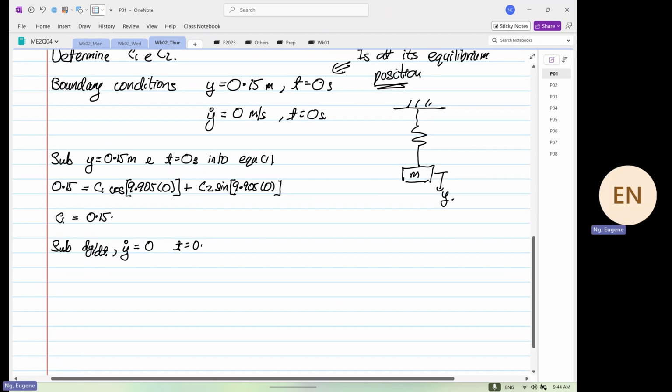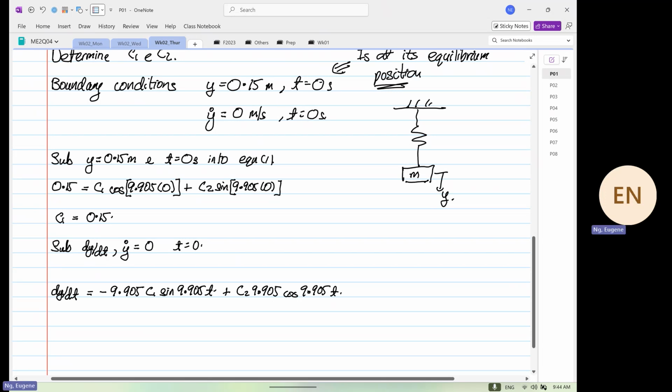So when we differentiate this, we have y, dy by dt, which will be equal to minus 9.905 C1 sine 9.905 t, and then plus C2 9.905 cos 9.905 t.